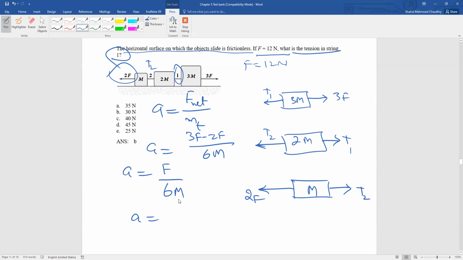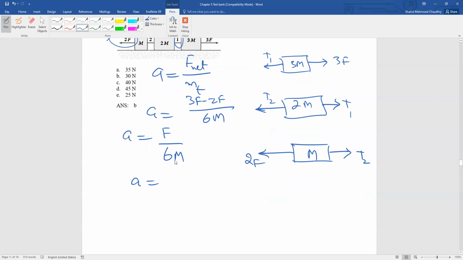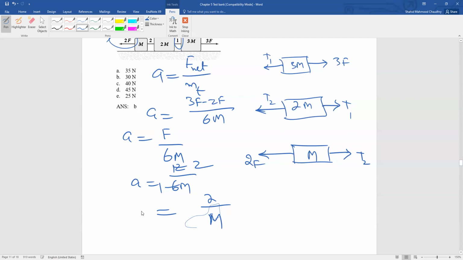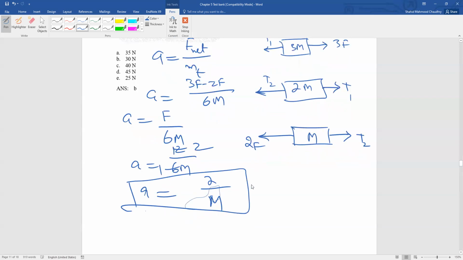And F is 12, so 12 over 6M. 6 twos are 12, so 2 over M is the acceleration. A is equal to 2 over M. So first I find the acceleration.